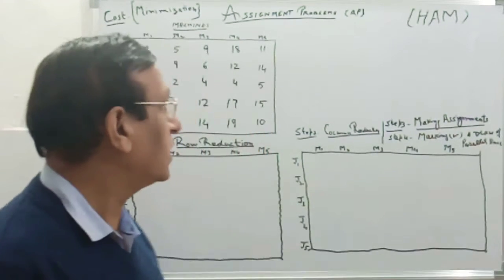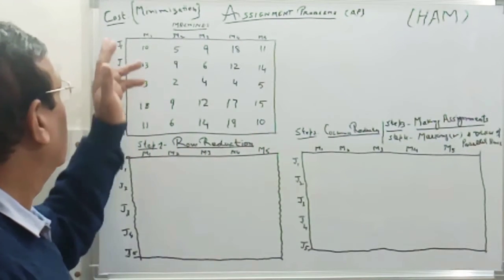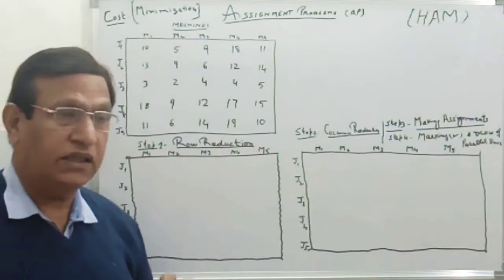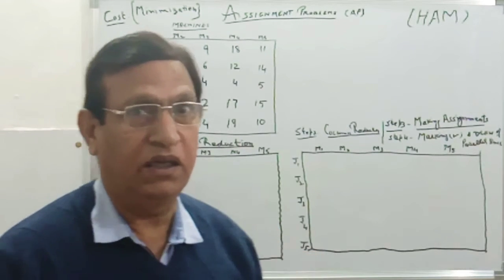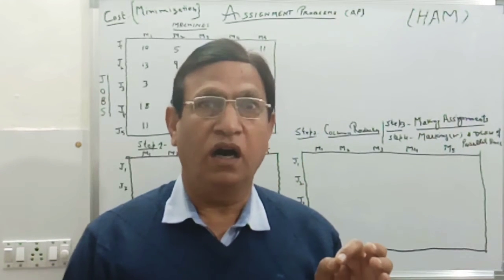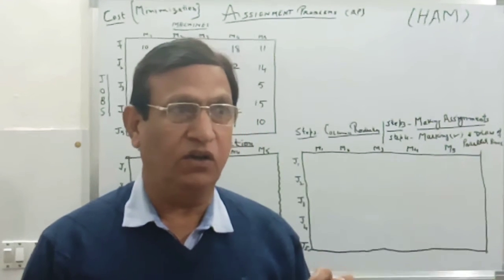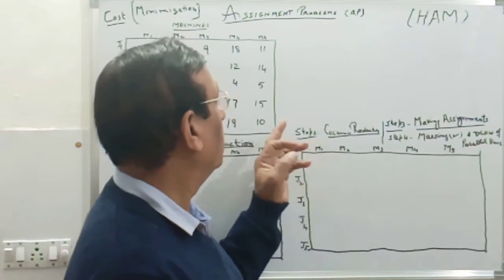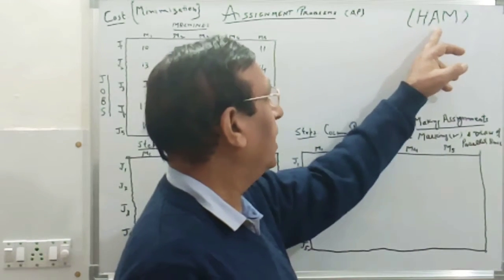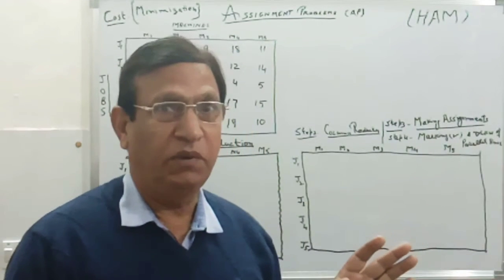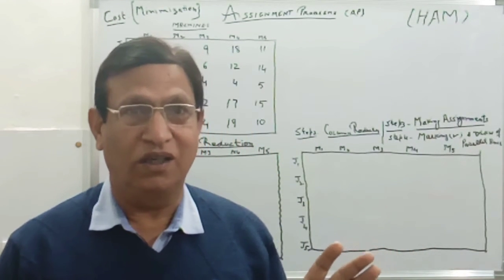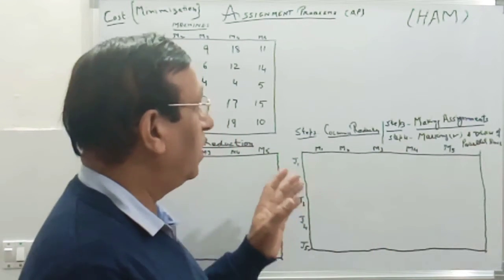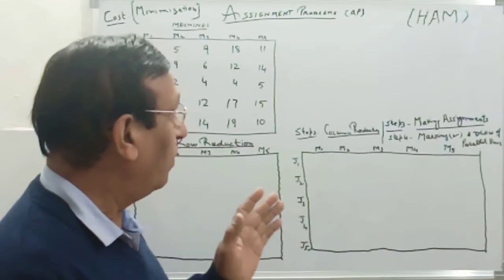So today we will discuss this assignment problem, minimization, and this technique or method of solution is given by D. Koenig of Hungary, but he has given the name to this problem as the Hungarian assignment method. So the name is Hungarian, not D. Koenig assignment method. So the Hungarian assignment method has been developed by D. Koenig. Now what is that method?